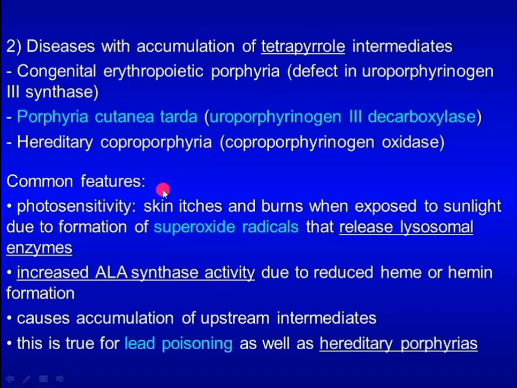They include photosensitivity, an increased ALA synthase activity, and accumulation of upstream intermediates. This is true for acquired porphyrias, such as lead poisoning, as well as hereditary porphyrias.